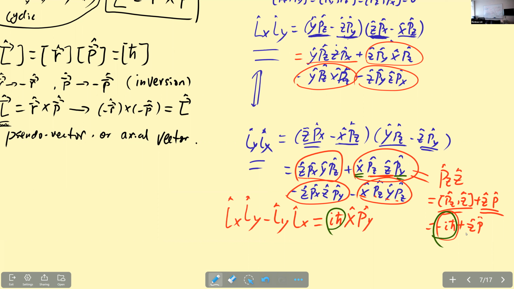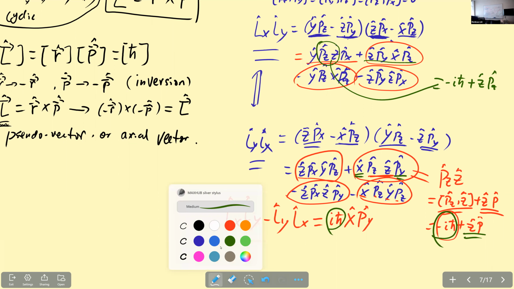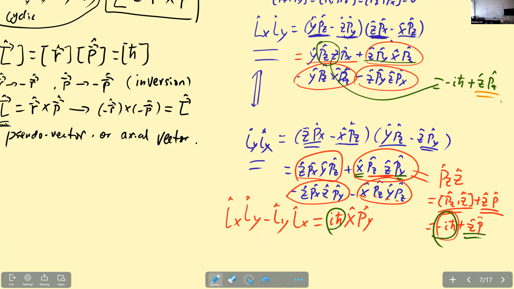And then you have another term Z P, and then Z P will simply cancel this term, right? And then similarly, you can do the same thing for this one. So here you have Px, and this one again you can write down as minus I h bar plus Z and Pz, right? Okay, and then you compare this one and this one, okay? They will be the same.